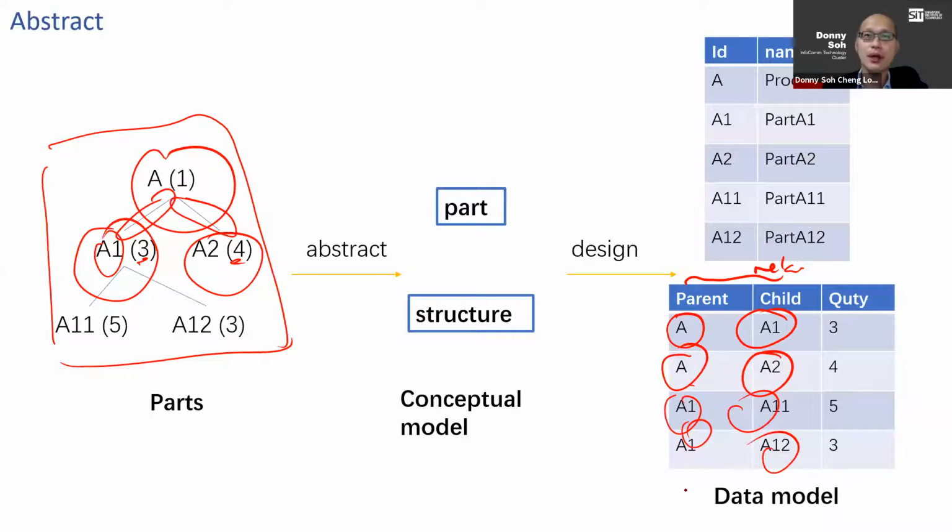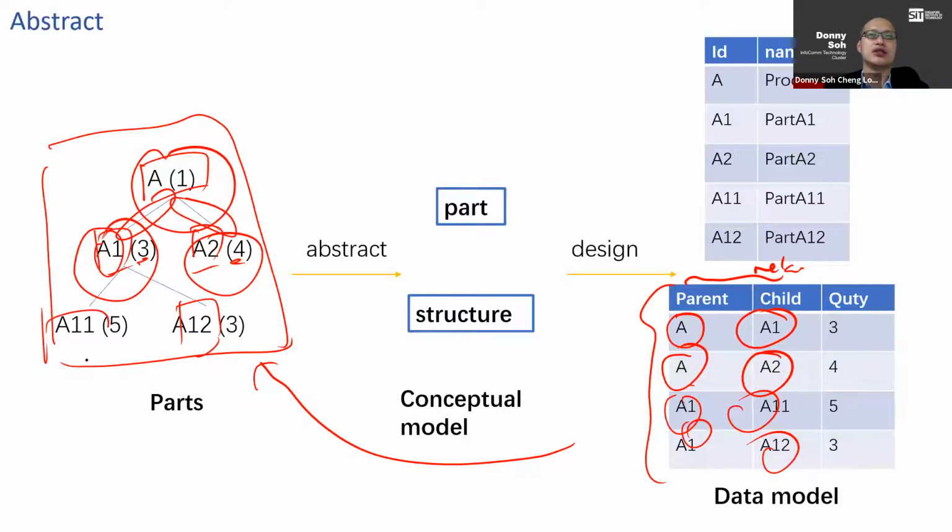Okay. So typically, this has been what we've been doing so far, and what we've been trying to model. In a way, the logical model of what we are doing is actually derived from this over here. This is an example. Of course, this is the relation, and these are the entities. So we have A, A1, A2, A11, A12, which are all the different so-called objects that you see over here. Okay. So essentially we are designing a so-called logical model using a relational database.